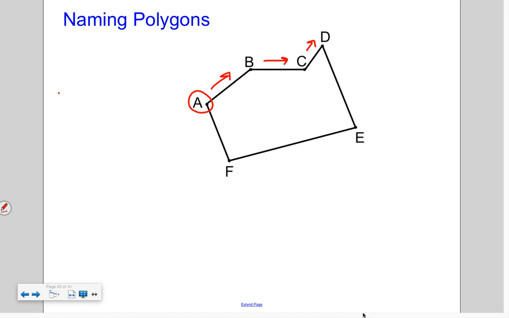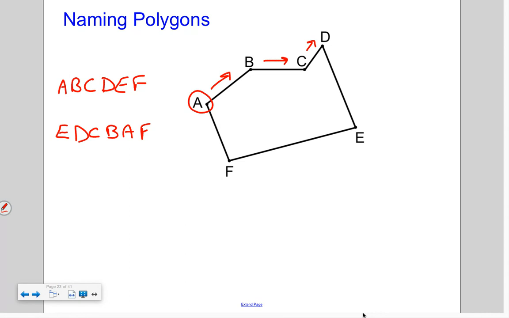So this will be polygon A, B, C, D, E, F. Now, I could have started anywhere, and I could have gone counterclockwise if I wanted, but you've got to continue to go in the order as you're working your way around. So I can start at E and go the other direction: E, D, C, B, A, F. You've got to use all vertices when you're naming a polygon.